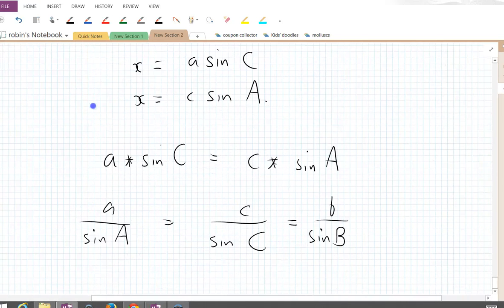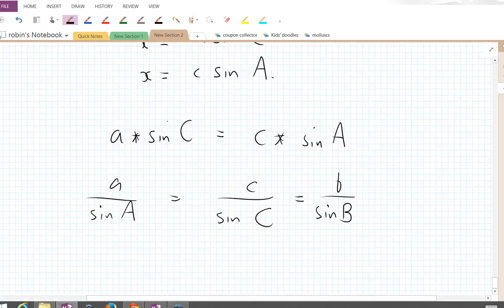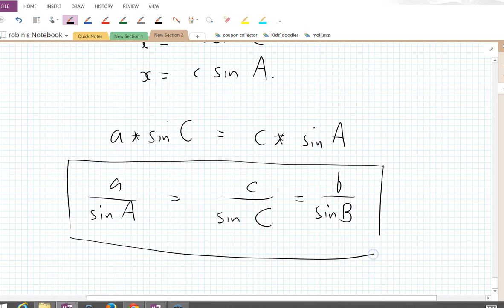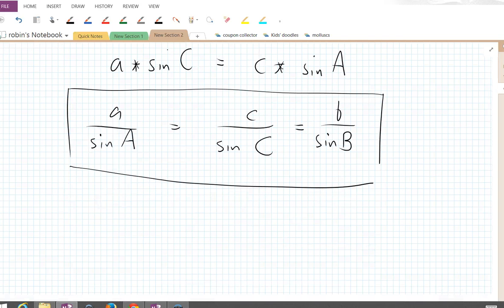So what we've got here is this beautiful thing: A over sine A equals B over sine B equals C over sine C, simply by dropping a perpendicular and wondering how long it is.